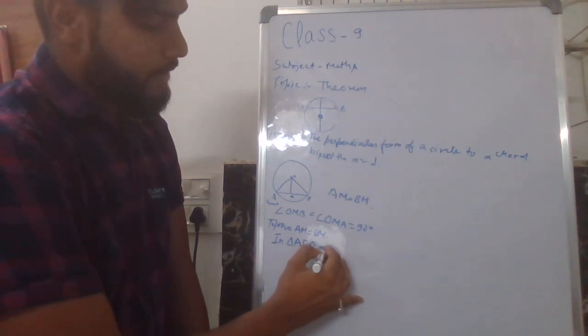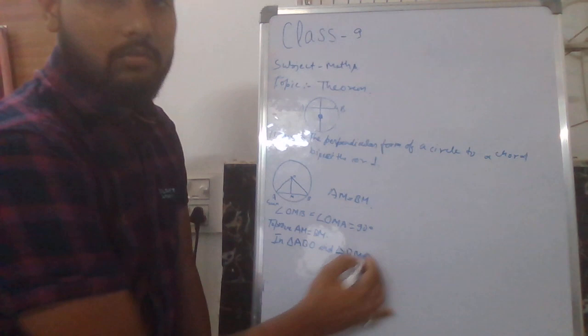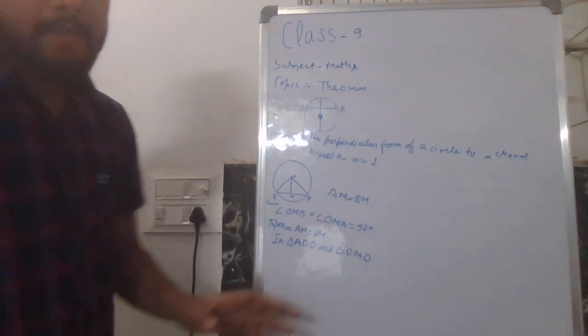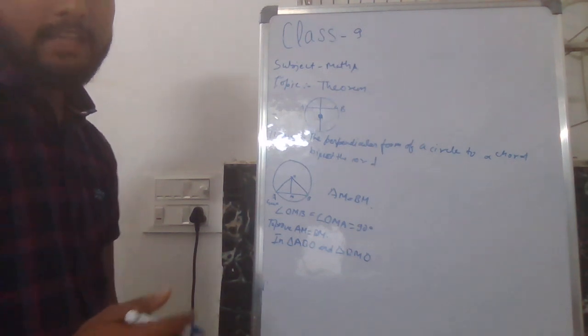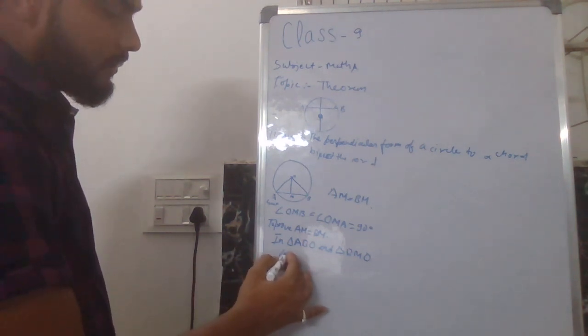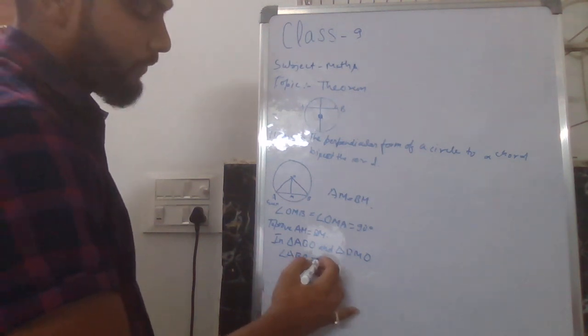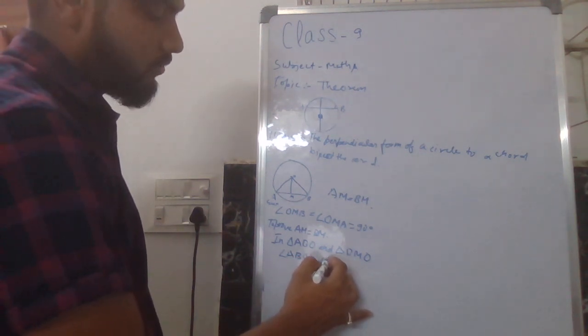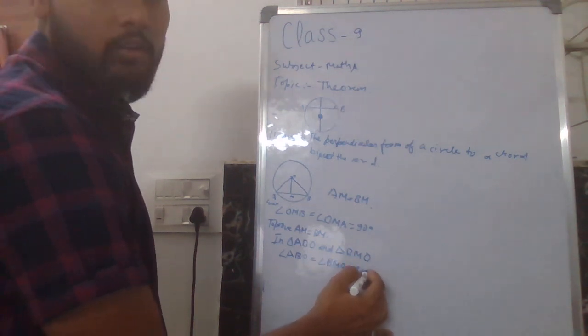In triangles ABO and BMO, we can see that angle BMO is equal to 90 degrees.